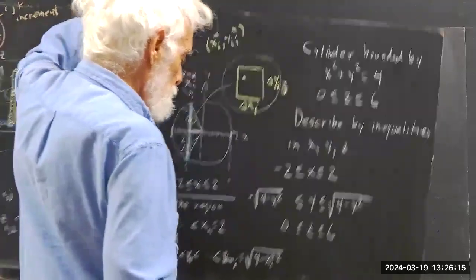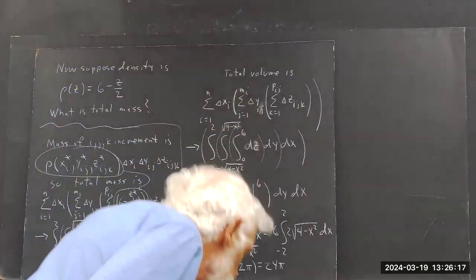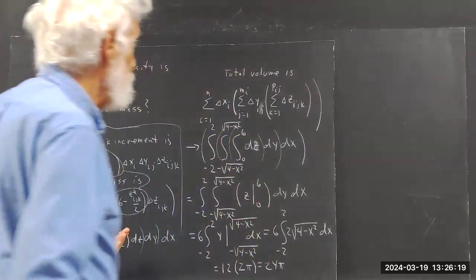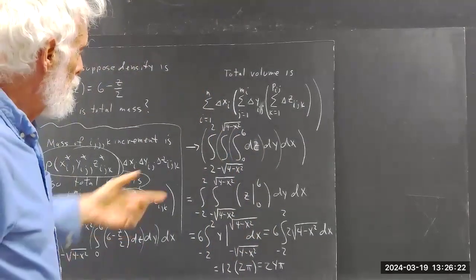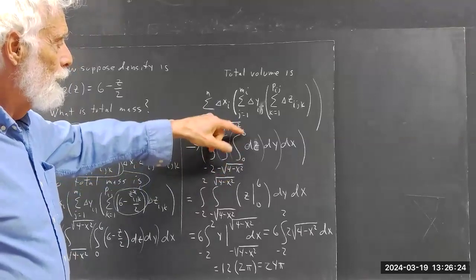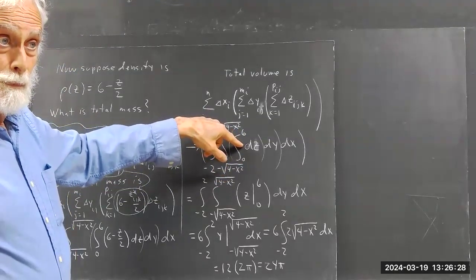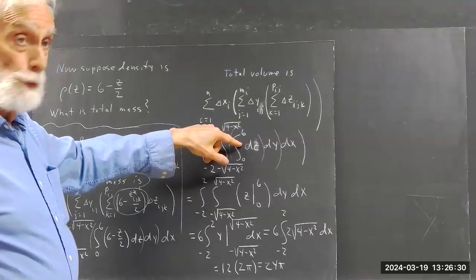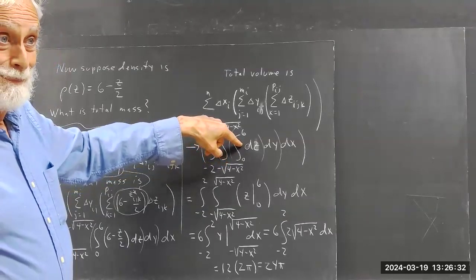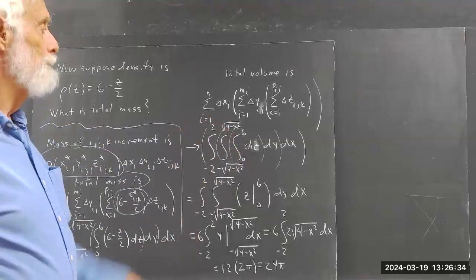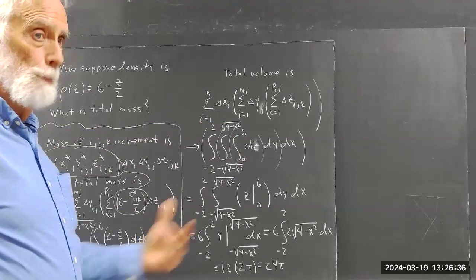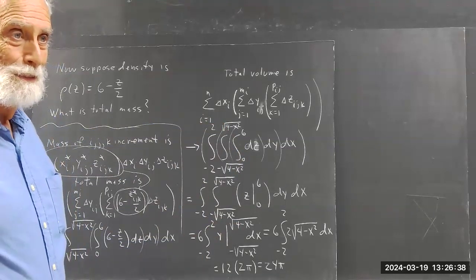So what does that do to your integration? Well, that introduces variables x and y in for your z, right? Which means you better not integrate with z first. I take it back. It means you better integrate with respect to z.